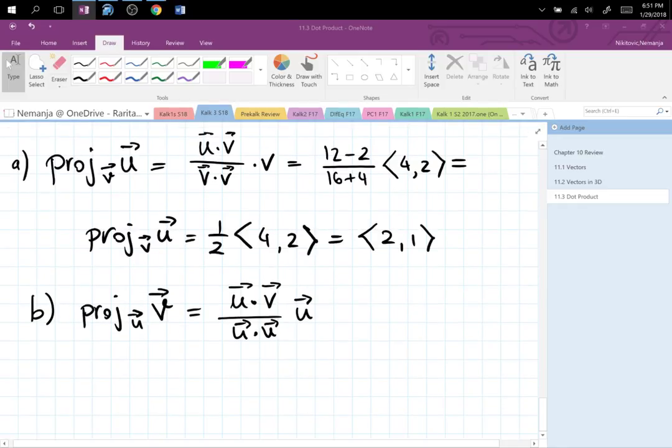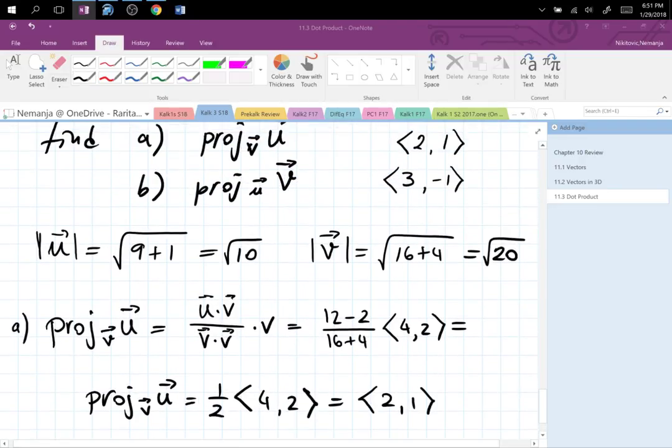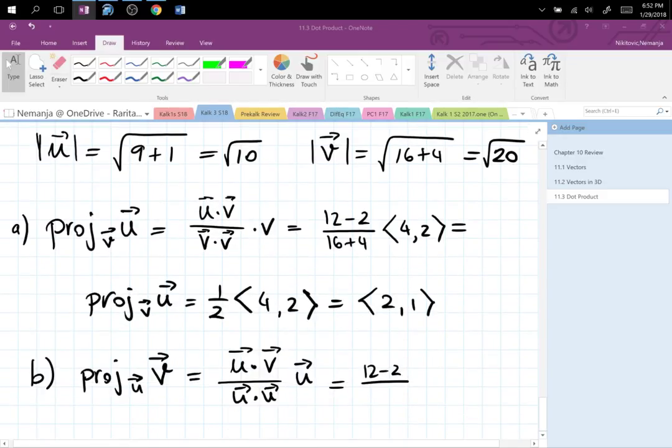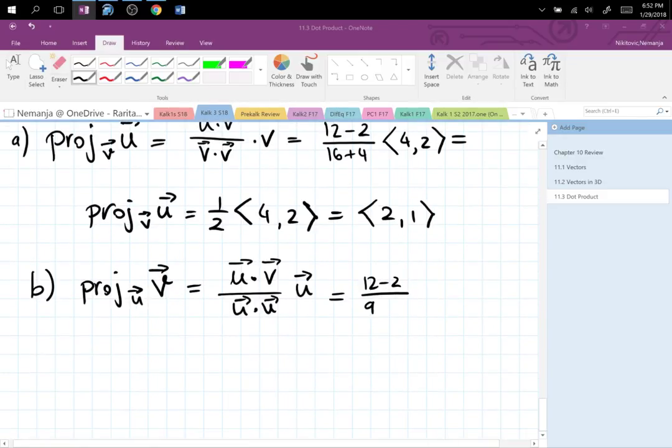And we still have the same dot product, which is 12 minus 2. But now we have the vector U, which is 3 and 1, so that's 9 plus 1 is 10.